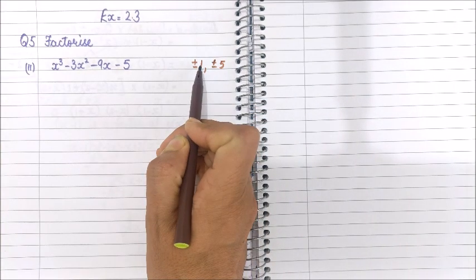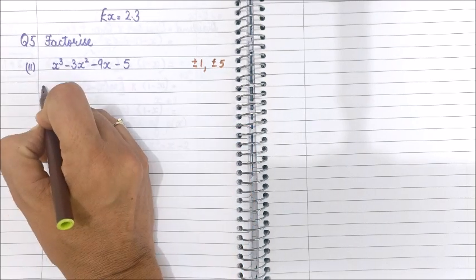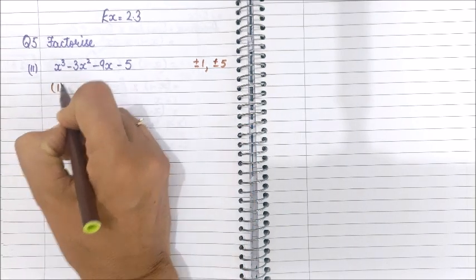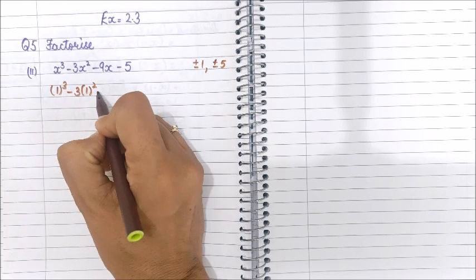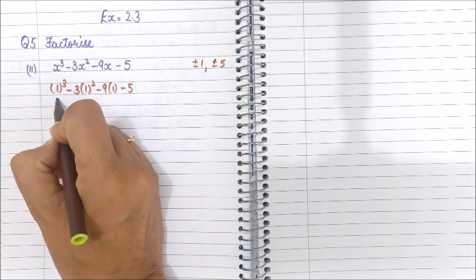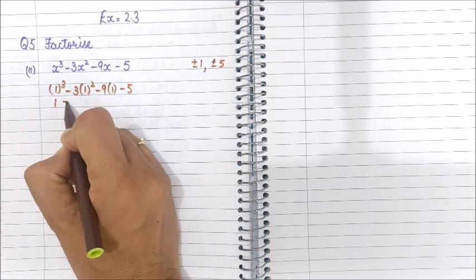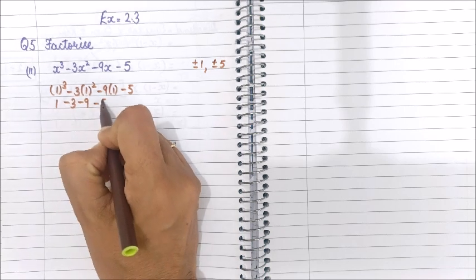So let's try with x equals 1. Putting x equals 1, it will be 1 cube minus 3 times 1 square minus 9 times 1 and minus 5. This gives me 1, then 3 into 1 is 3, 9 into 1 is 9, minus 5.